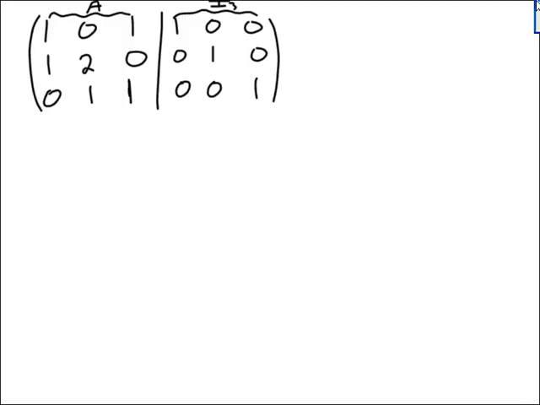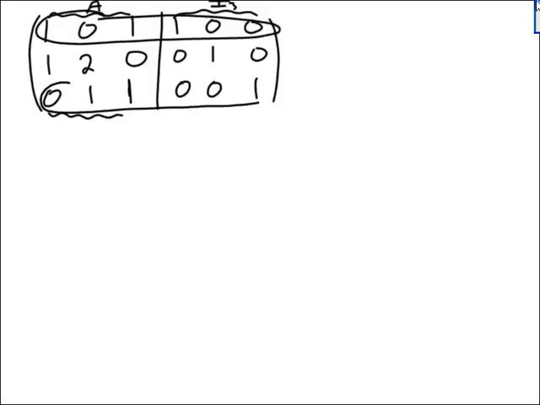We are going to RREF the left matrix. And of course, whatever we do to row 1, we do to the whole row 1. Whatever we do to row 3, we do to the whole row 3. And the same for row 2. And what we want to do is get what's to the left of this line to be the identity matrix.